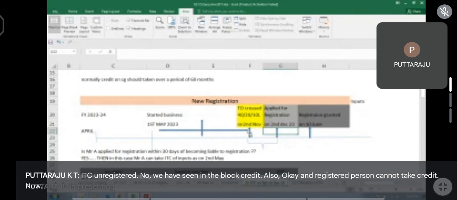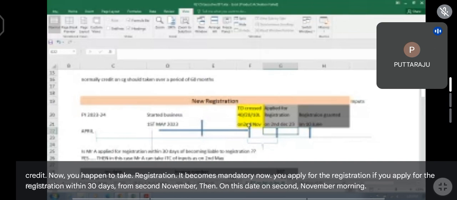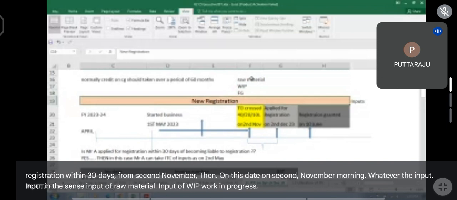Now, you happen to take registration. It becomes mandatory now. You apply for the registration. If you apply within 30 days from 2nd November, then on 2nd November morning, whatever the input, in the sense, input of raw material, input of WIP, work in progress, input of finished goods.